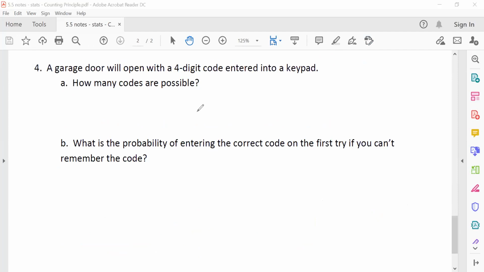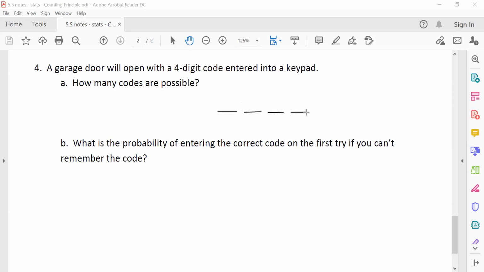A garage door will open with a 4-digit code entered into a keypad. So how many codes are possible? Well, there's 4 digits, so there's going to be 4 basically categories, if you will. I call this the slot method.